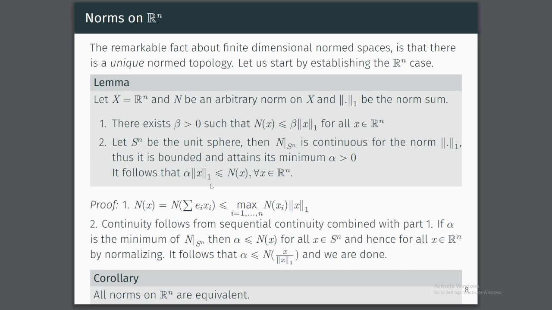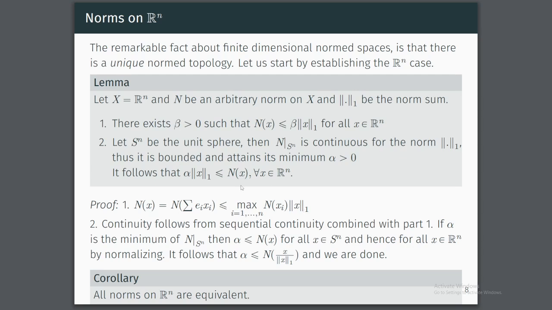The reason that's true is that every x can be represented by the summation of xi ei, where ei is the basis, by the triangle inequality, and taking the maximum of the norm of xi. Sorry, this should be ei, and the norm of x is the sum of absolute xi.